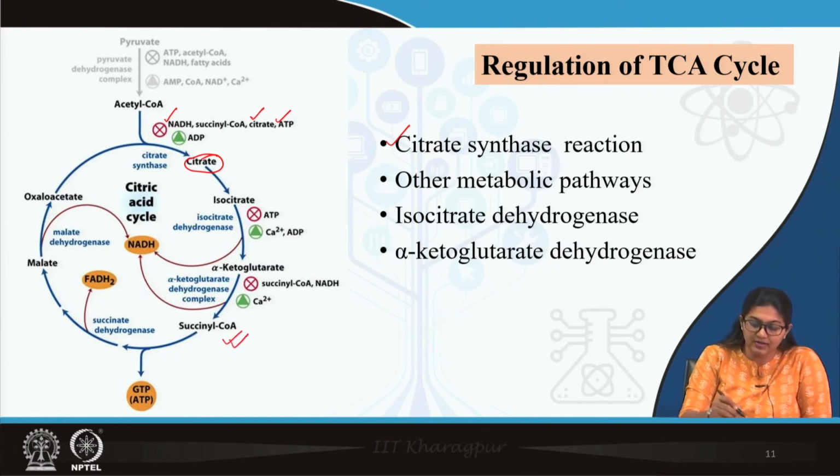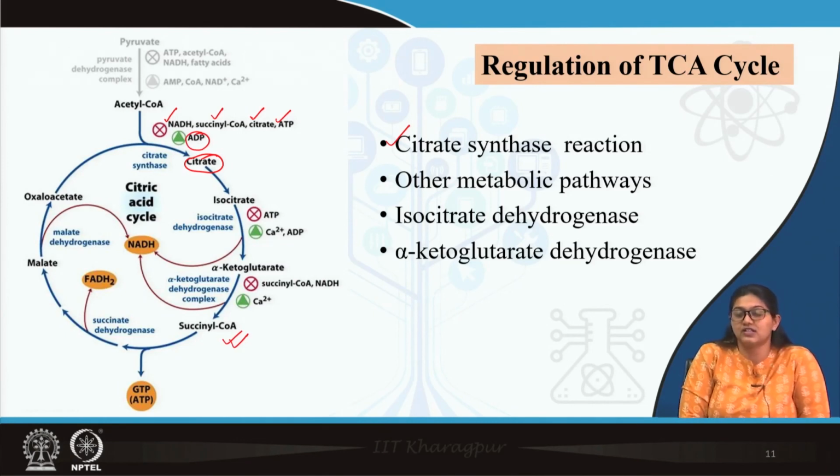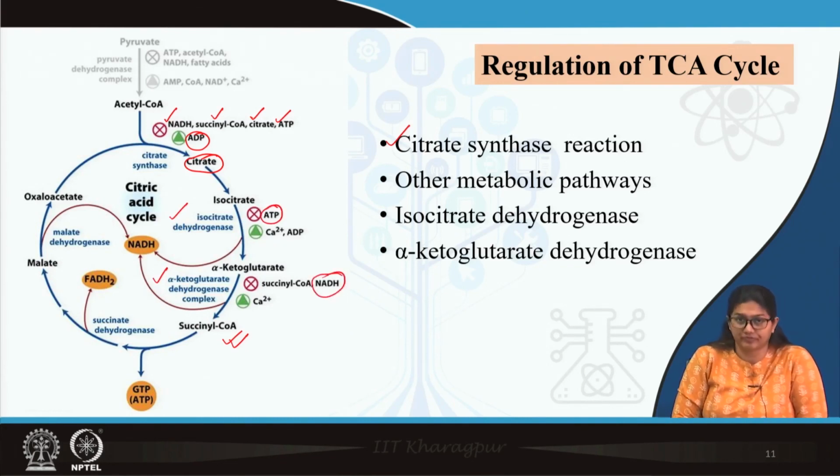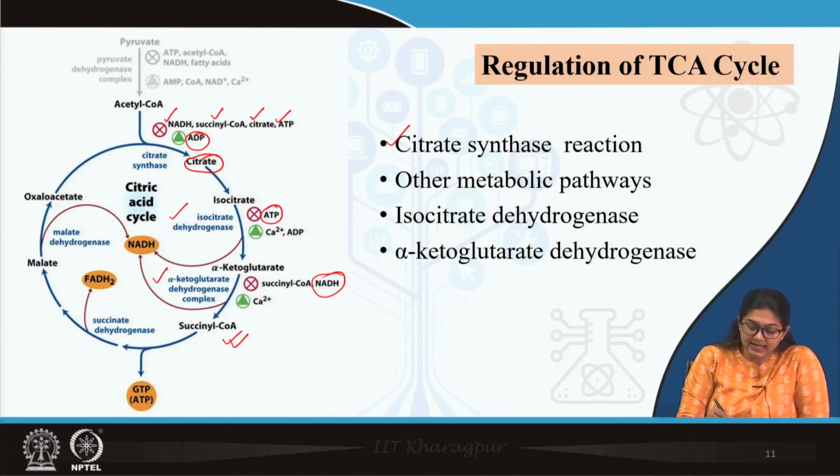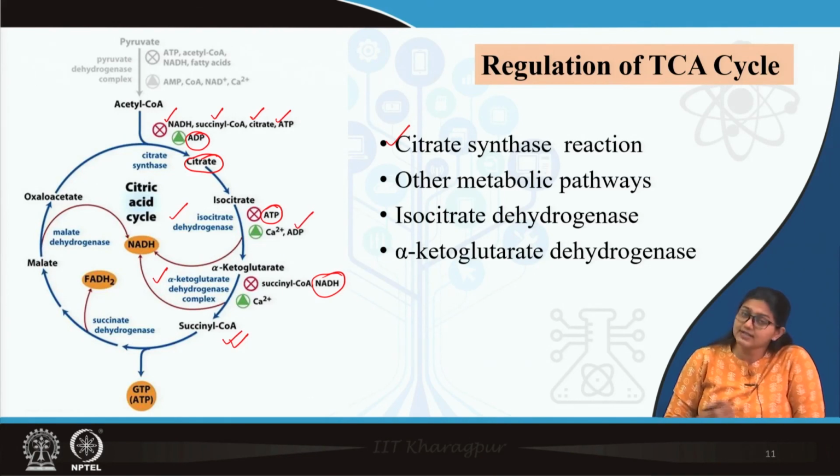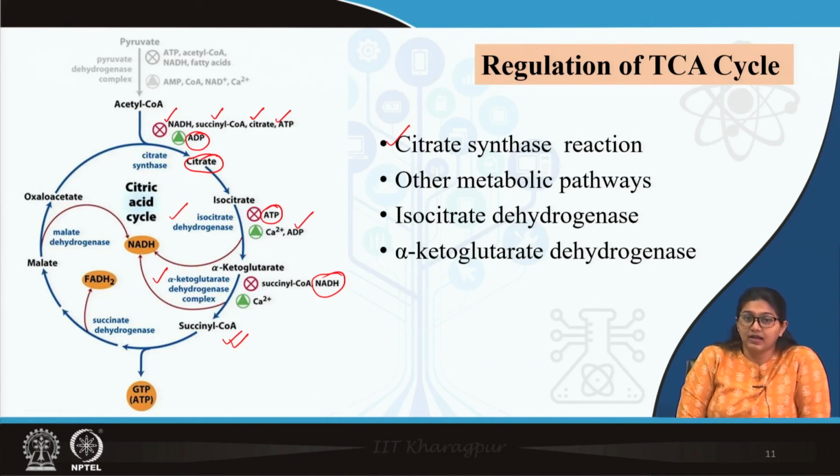Similarly, another intermediate, succinyl coenzyme A, can inhibit it, and you can see ADP here is activating because it signals energy demand. Same for isocitrate dehydrogenase and alpha ketoglutarate dehydrogenase, where molecules of energy excess like ATP or NADH inhibit allosterically, whereas ADP activates the enzyme.